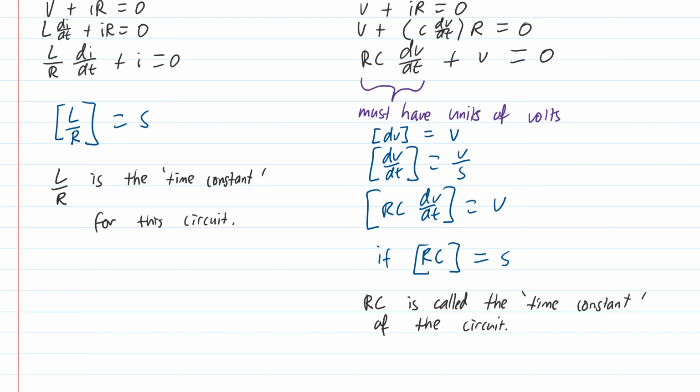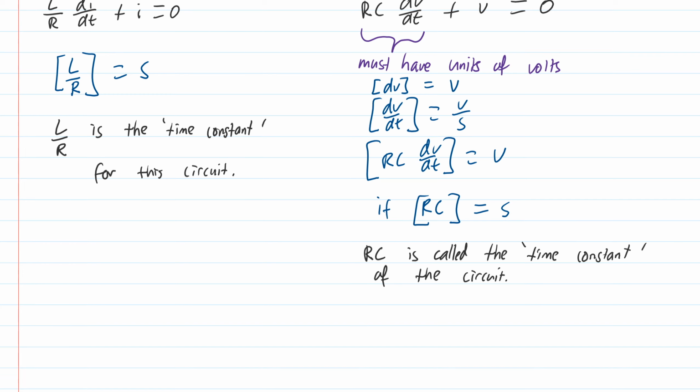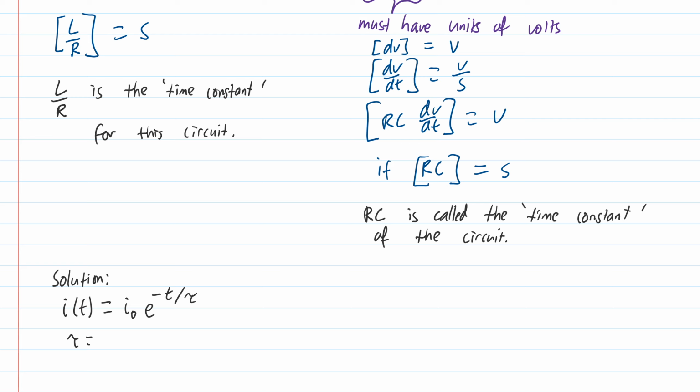We can write down the solution to these differential equations. We've solved them a couple of times already in different videos, so I'll go straight to the solutions. The solution for the RL circuit is I of t equals some initial current times an exponential of negative t divided by tau, where tau, our time constant, is L over R. The solution for the RC circuit is quite similar.